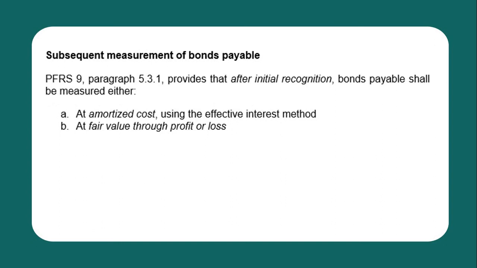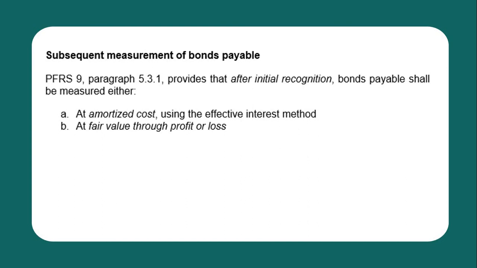Now, subsequent measurement of the bonds. Subsequently, after recognition, bonds payable shall be measured either at amortized cost using the effective interest method or at fair value through profit or loss.